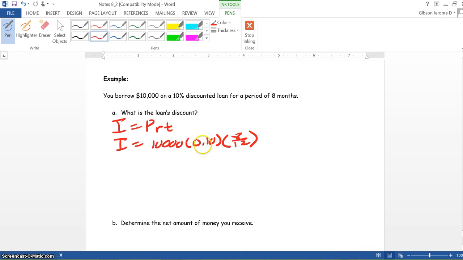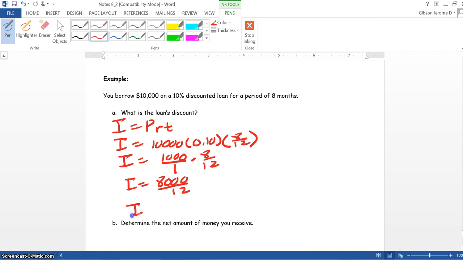So now, 10,000 times 0.10 will give 1,000 times, we will have 8 over 12. So we'll put a 1 under the 1,000, so we can multiply this fraction. So we will have 8,000 over 12.